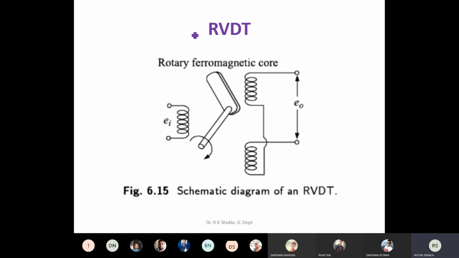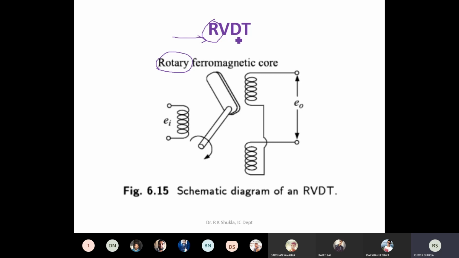Now after LVDT, as in the previous lecture, while showing the first slide of the inductive transducer, I mentioned that we are going to study 3 different types of inductive devices. First is LVDT, second is RVDT, and third is synchro. So let's see what is RVDT. RVDT is just like the LVDT, but the only difference is here L is replaced by R, and this R indicates rotary.